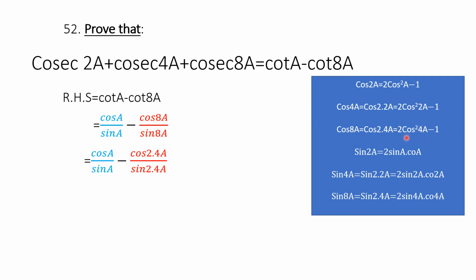So this formula will apply in the numerator, and in the denominator it is sine 2 into 4a. Sine 2 into 4a is 2 sine 4a into cos 4a. So we'll apply this formula and we will get this line. I hope this is clear.